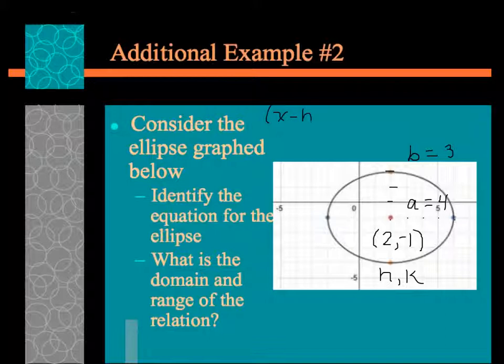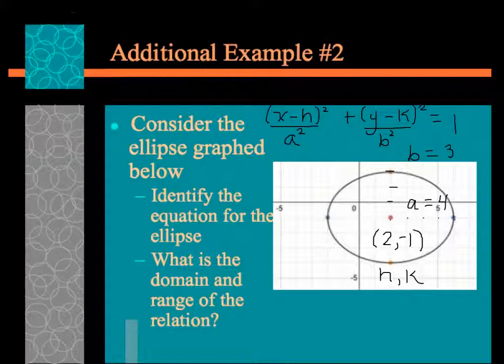So now we just want to put this into the equation for our ellipse, which again looks much like that of a circle, x minus h quantity squared plus y minus k quantity squared is equal to 1, except that the x's are divided by a squared and the y's are divided by b squared.